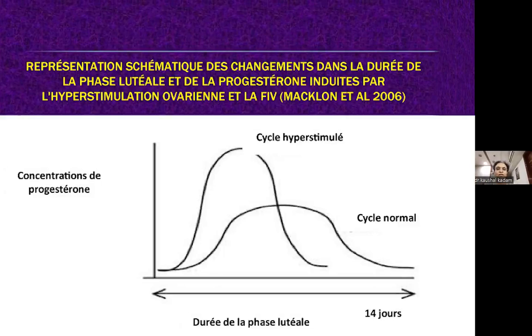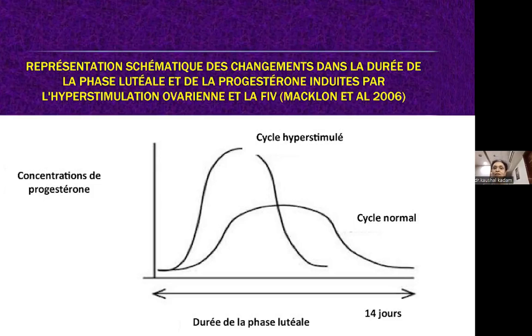So as we see here in a normal cycle in this graph, this is the rise of progesterone. Just at the LH surge, we have the progesterone, which is at its peak after that. Then gradually it reduces and falls back to the baseline level if there is no pregnancy.